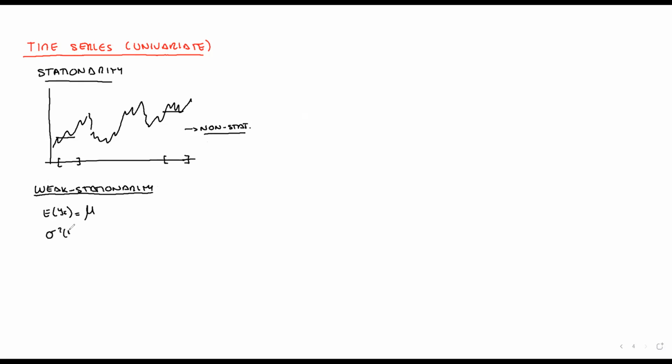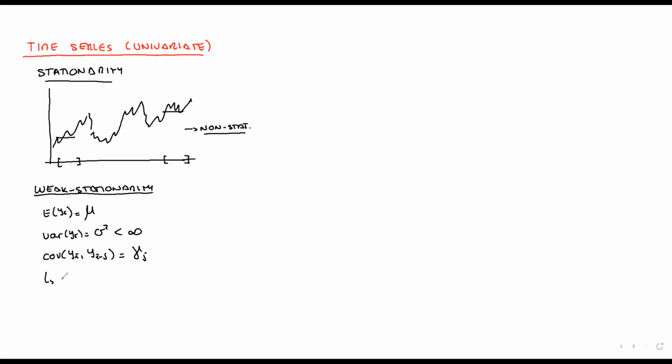The variance of my process is a constant and exists, so it is finite. And the covariance of my process simply depends on the distance. It doesn't depend on a time frame. It depends on the distance.